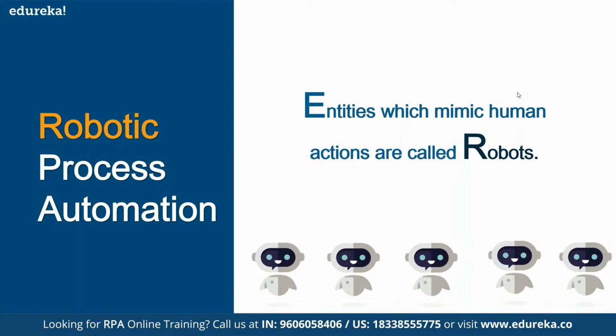But what is a process? A process is a set of activities that we do to accomplish a task. It is the series of steps that we follow to accomplish a task which leads to some meaningful activity. Generally, in the IT industry we refer to this as a business process.